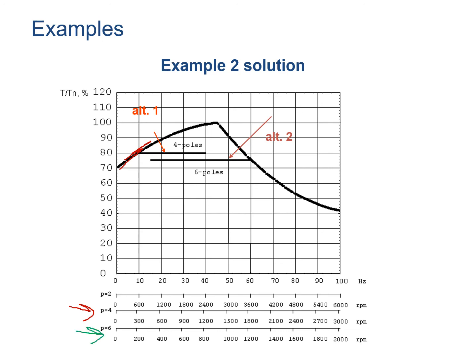So again, we remember our range from 300 RPM up to 1200. You see, this red line now corresponds to this black line here. And for the second alternative, the 6-pole motor, it will be the same 300 RPM, will start here and go up to 1200. So here it is. So you see the same as this one.